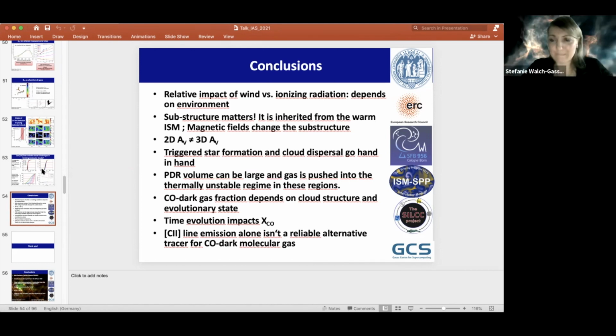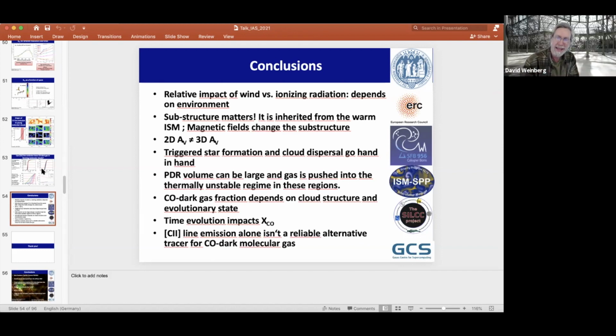Exactly. So the question then is how you're computing it. You really care about what's the radiation field relative to what it would have been if there were no shielding, rather than averaging over just the attenuations.